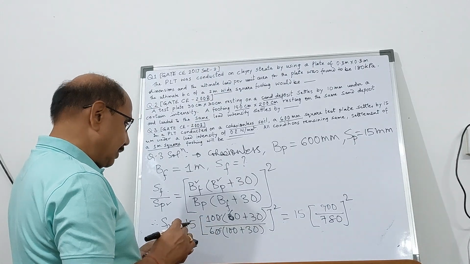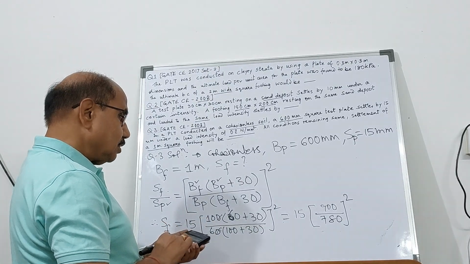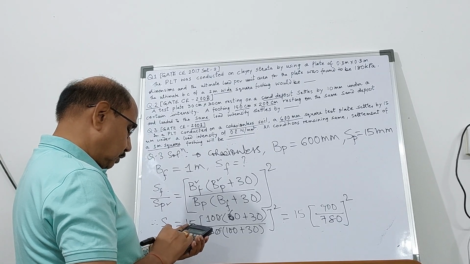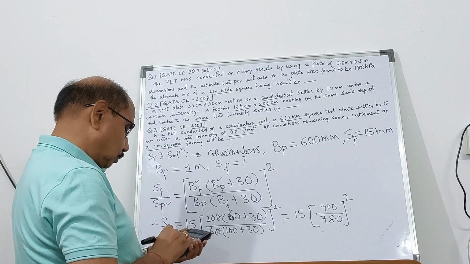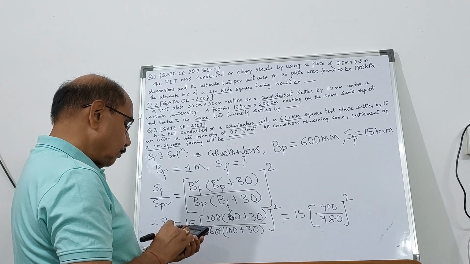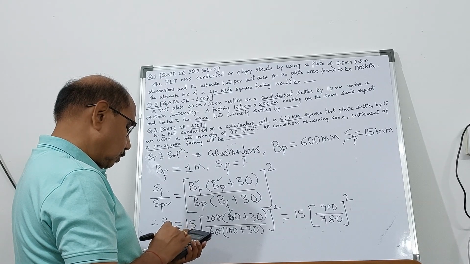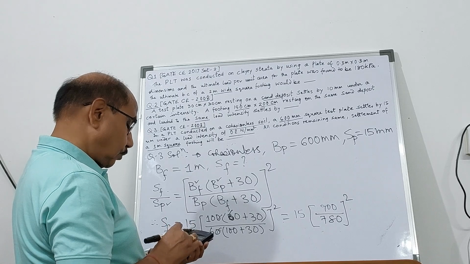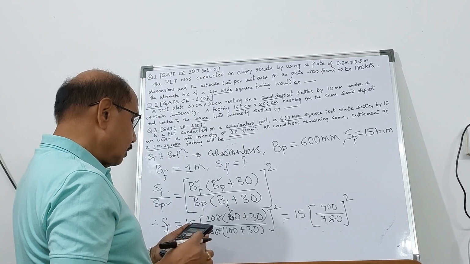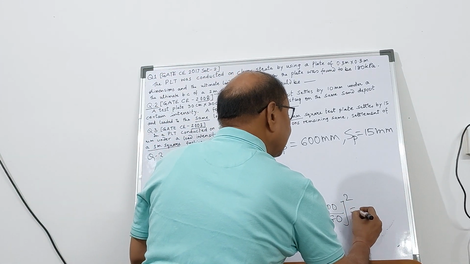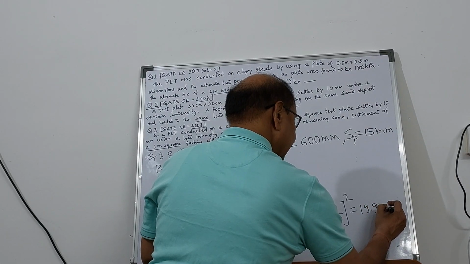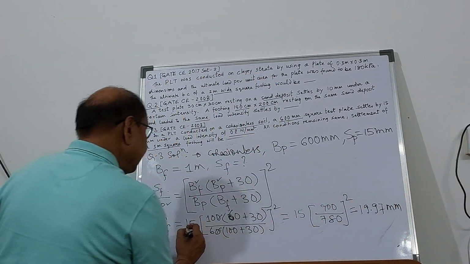So if you simplify it, you will get the answer in millimeter. Let's calculate. 90 divided by 78 whole square multiplied by 8. So the answer comes out to be 19.97 millimeter, because this is in millimeter.